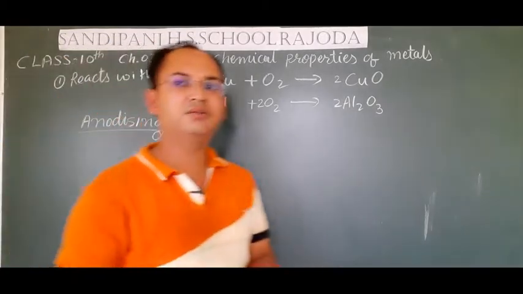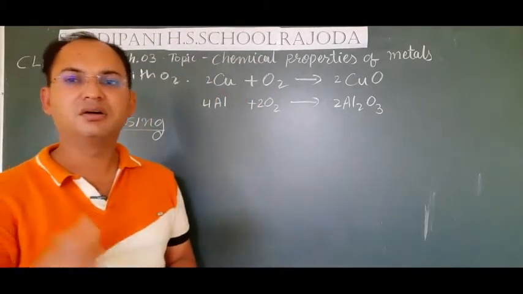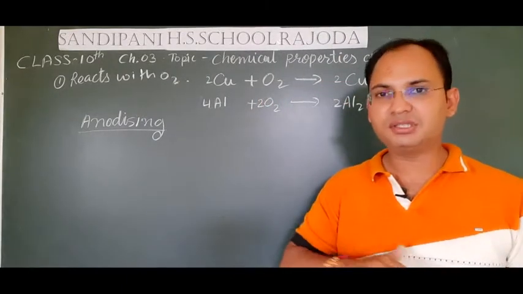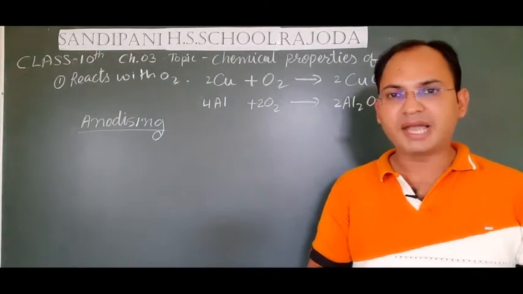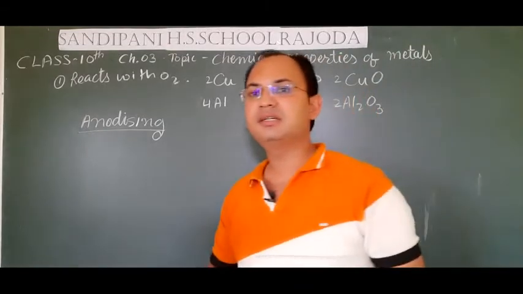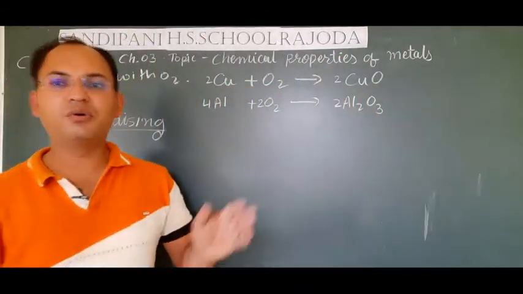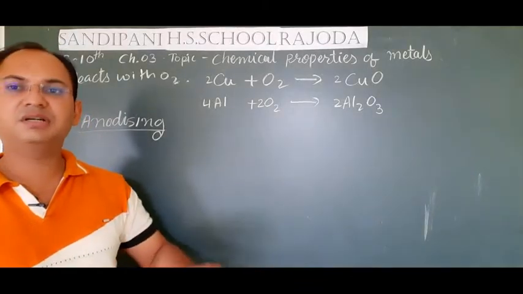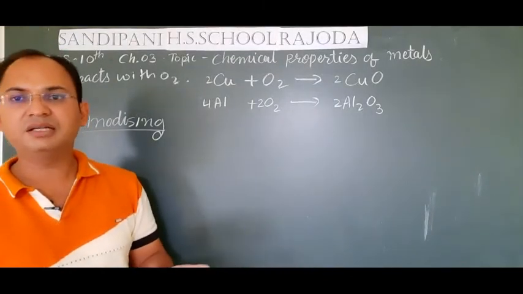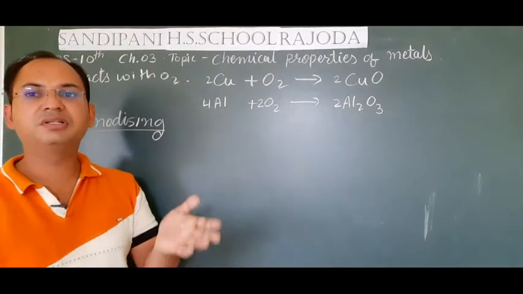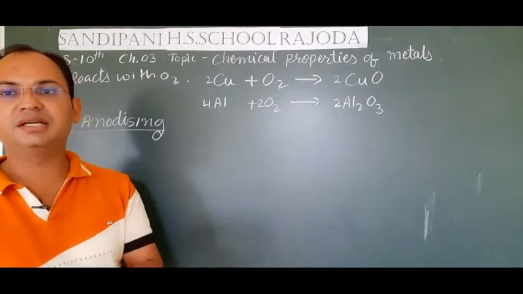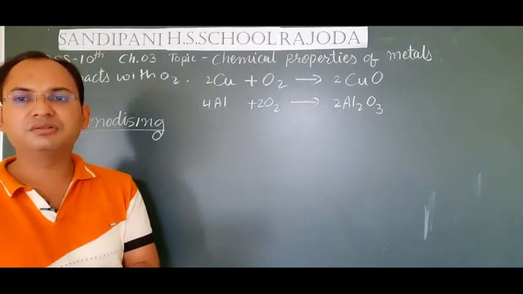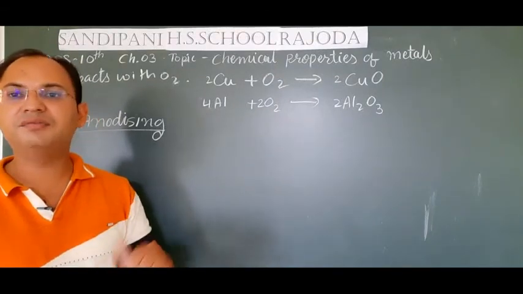Anodizing or anodization is a method of producing a layer of aluminium oxide on its surface. Actually students, anodizing is a method of corrosion of the surface of the aluminium. We have studied about corrosion, that whenever an unwanted layer of oxide, sulfide, etc. is produced on the surface of the metal, then we call it corrosion.